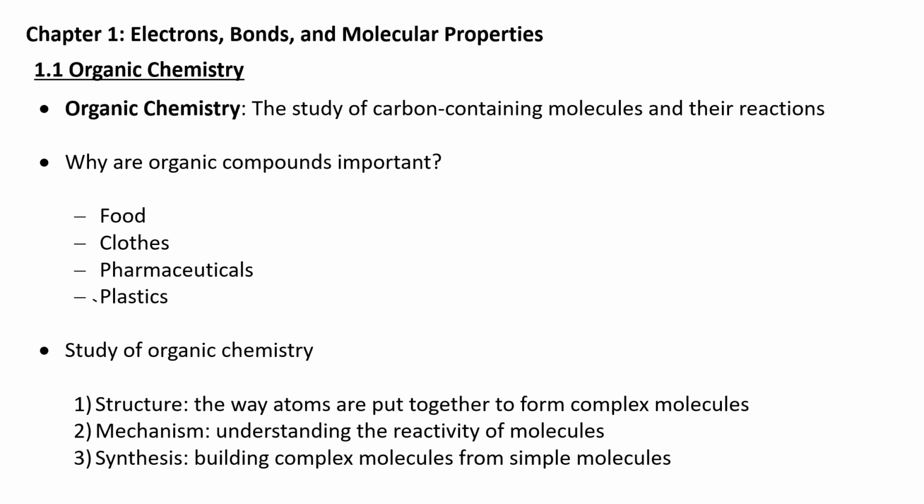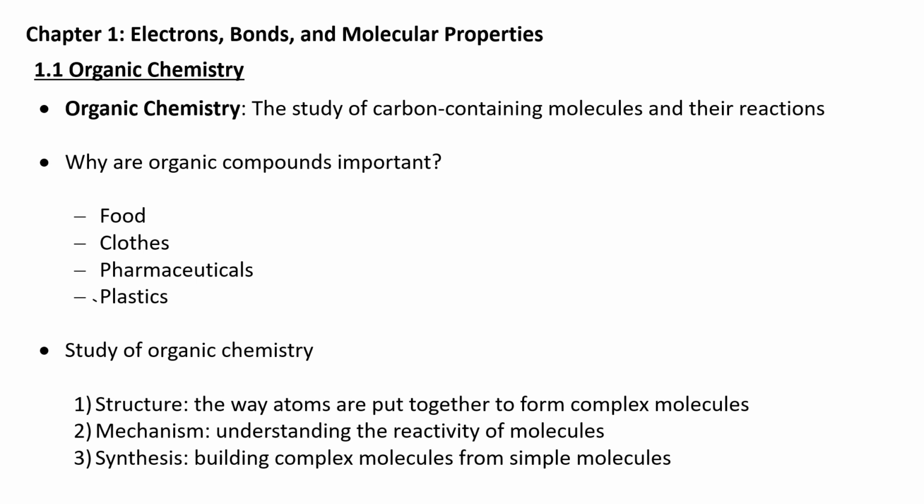Section 1.1 is just an introduction to organic chemistry and sort of why we're studying this. The course is organic structure, which will be the focus, but 1.1 is just a brief introduction.